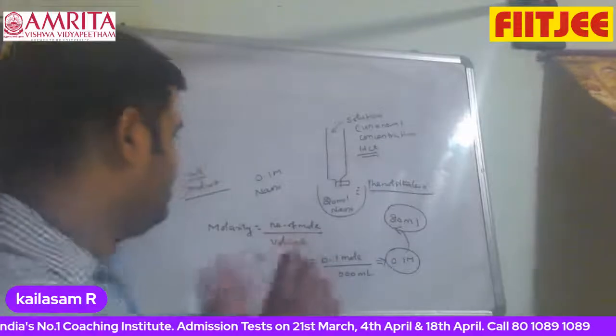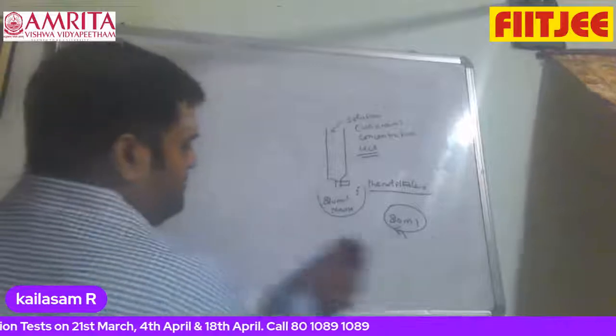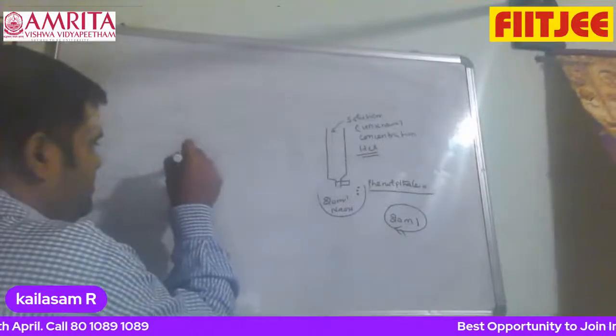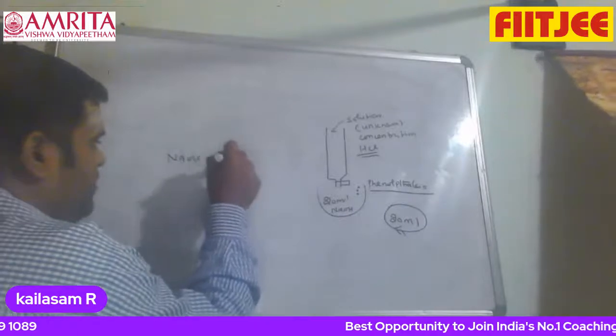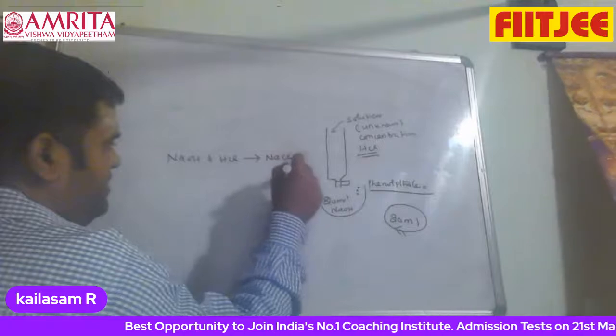How is that? Now I can write the equation. Sodium hydroxide, NaOH, plus hydrochloric acid gives NaCl plus H2O.